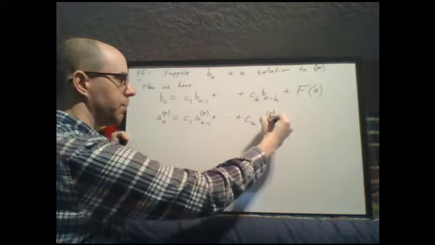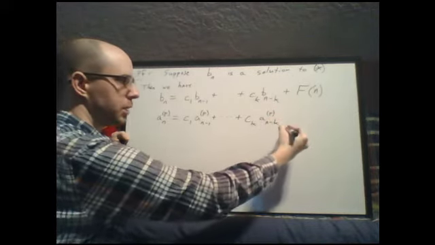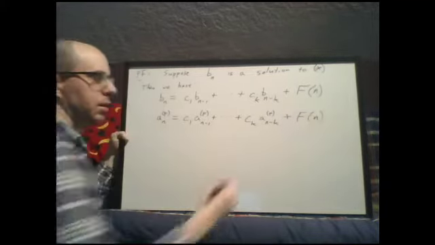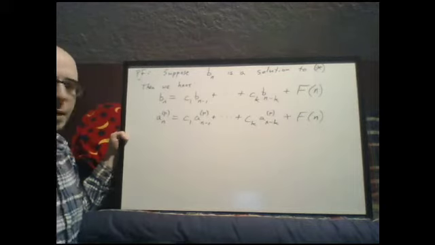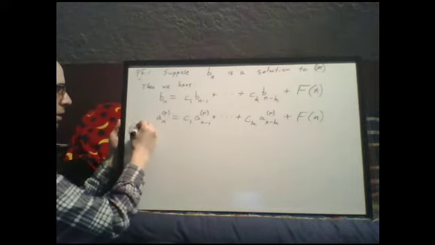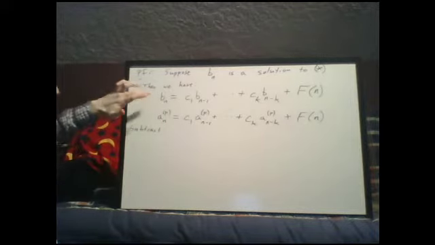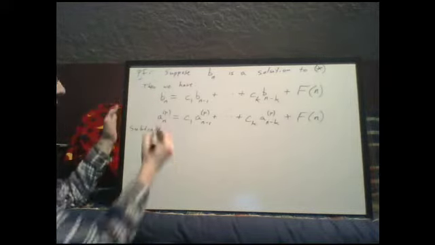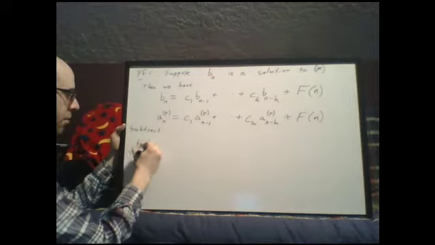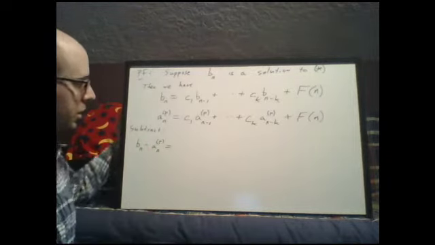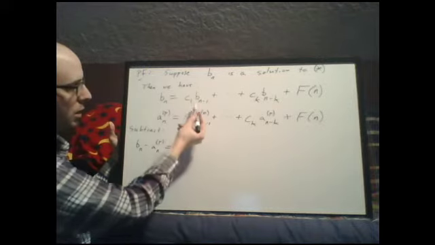I plug in apn as my sequence to the recurrence, I get this. So now if I subtract this line minus this line, I get bn minus apn equals, I'm just going to do it in one go here.